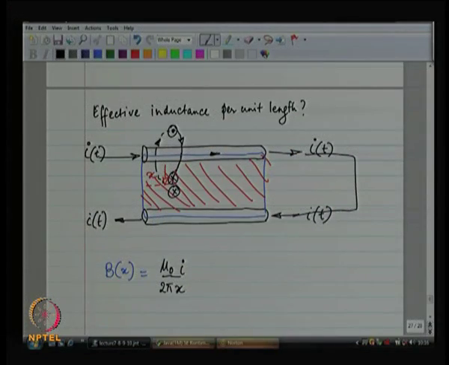Now, at a distance x from a current I, so I have a uniform current I of t going through a wire, how do I find out the magnetic field? I create an Amperian loop at a radius x around the wire.